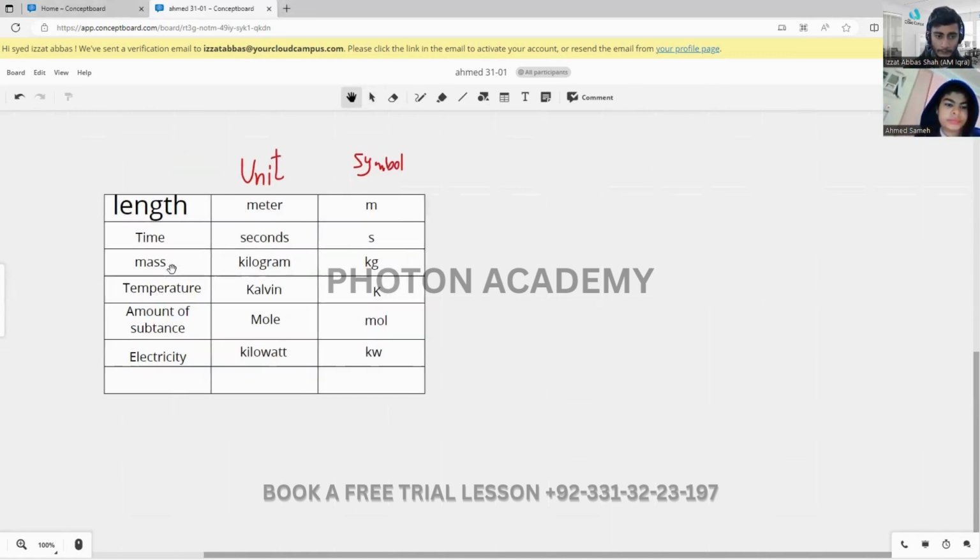Okay, wait. You mentioned length, mass, time, temperature, amount of substance, electricity, and there is luminosity of light or intensity of light.